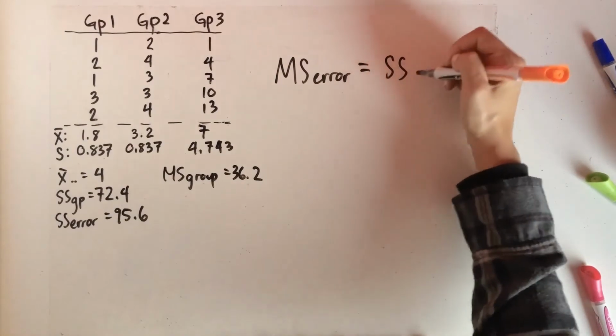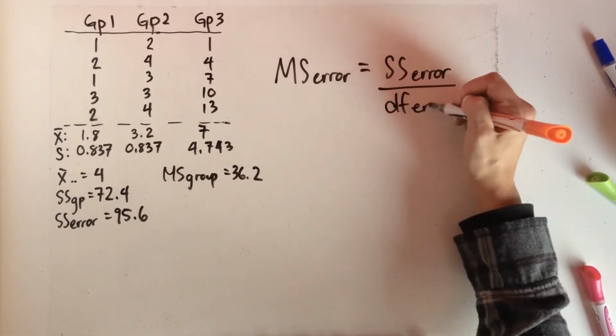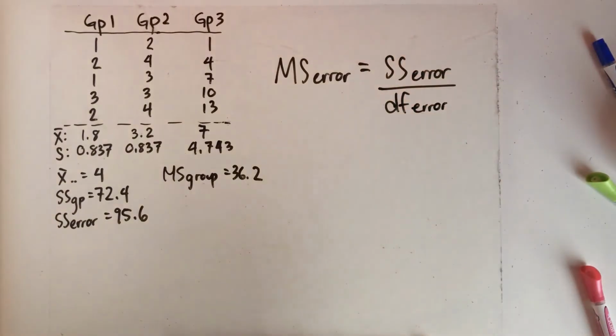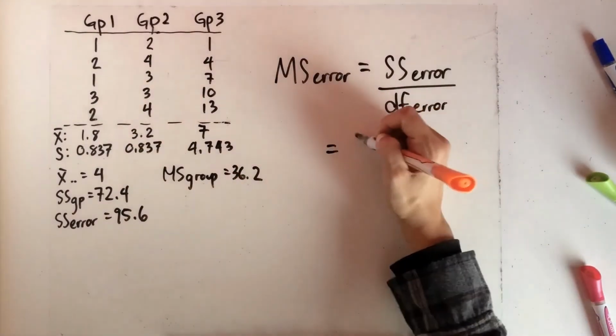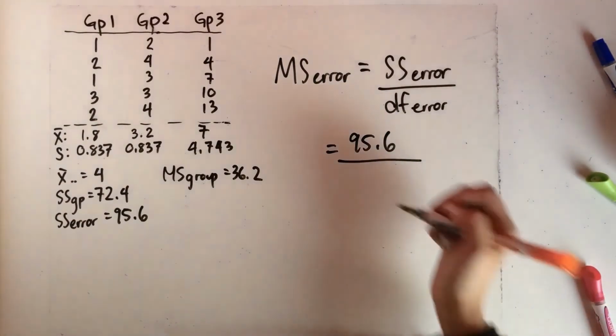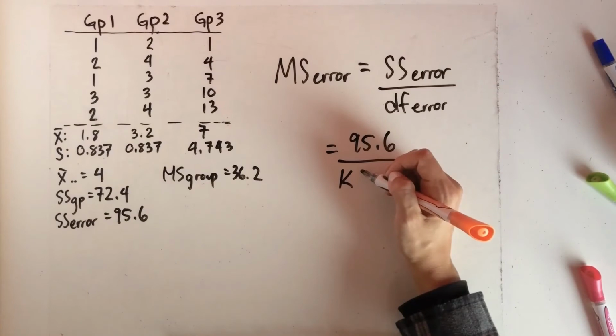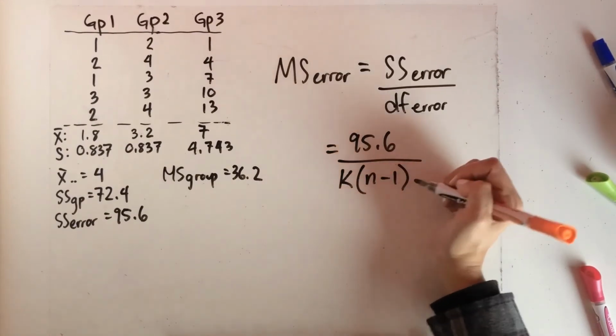MS error is equal to sum of squares error divided by degrees of freedom error. So degrees of freedom error also has its own formula. And so what we would do is the SS error would be 95.6, and then we would be dividing by these degrees of freedom. And the formula, if you wanted to use a formula, would be k times n minus 1.